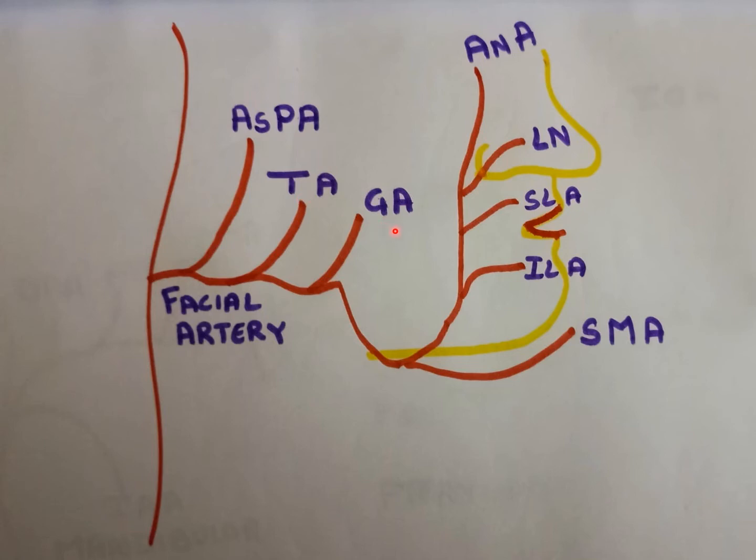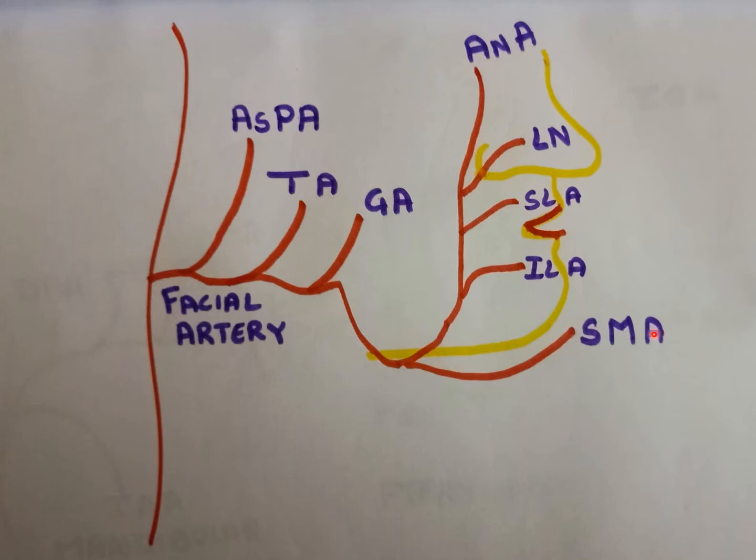Then comes glandular artery, gland. Which gland? In the previous slide we have seen sublingual gland is supplied by the sublingual artery. So now what is the remaining gland? That is submandibular gland. So submandibular gland is supplied by the glandular artery. Then comes our submental.